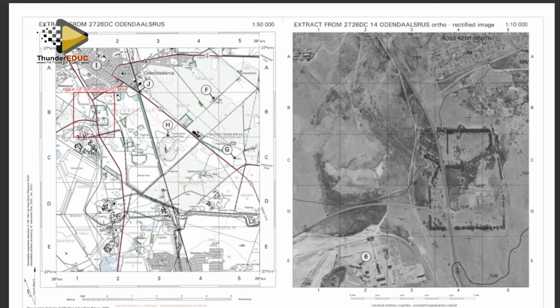I might not have a ruler with me here to measure this distance, but I'm going to take the assumption that here is 3.5 centimeters. Okay, so I'm going to use a blank page here.